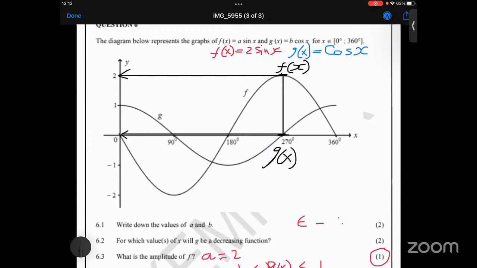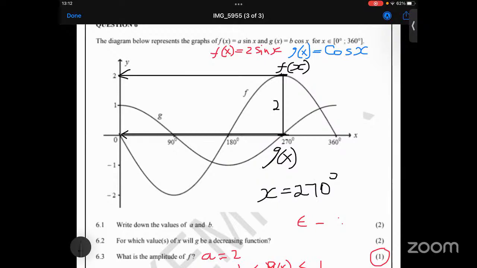So it already looks like at where X is equals to 270 degrees, that is where the difference will give me 2.